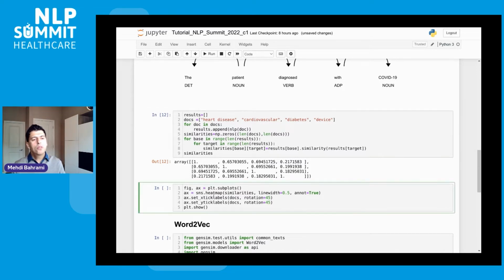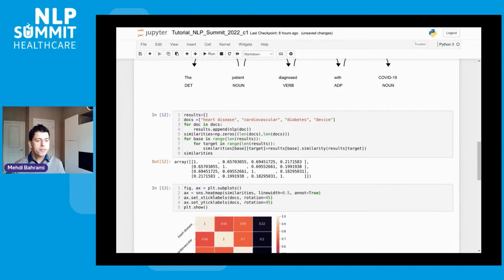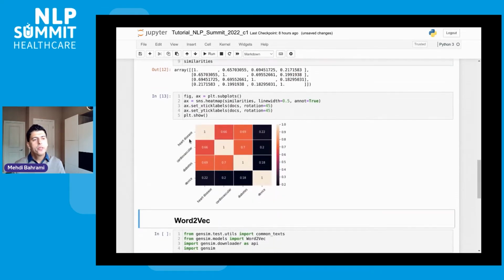Now we're going to visualize this context. As you can see on this screen, the visualization shows, for instance, that heart disease has similarity to heart disease, of course, 100%. But if you look at the other contexts, we can see other degrees of similarity.